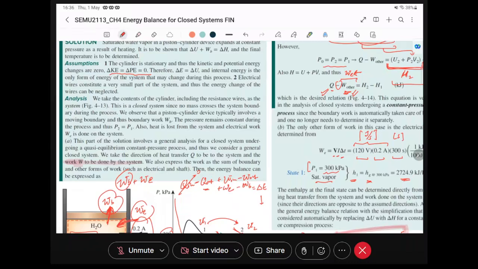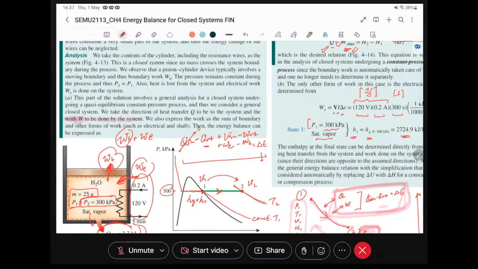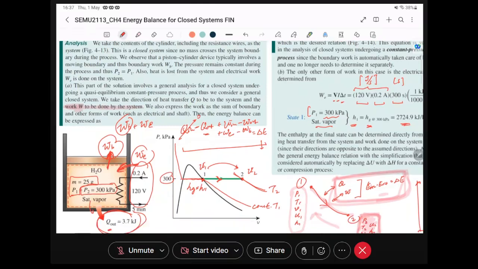Yeah, the WE in is positive instead of negative because it's done to the system. I think following this might be better, so you don't have to think about whether it's doing or done. Okay, understand. Thank you.